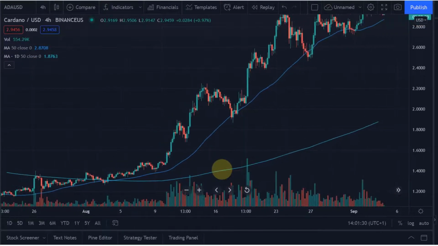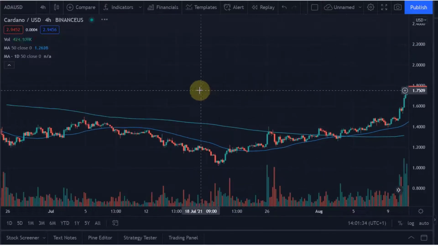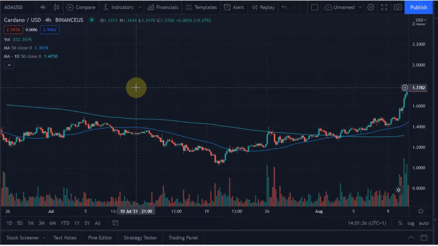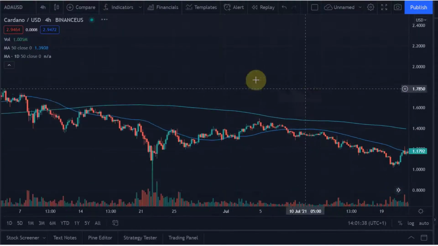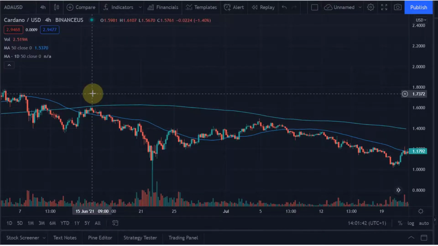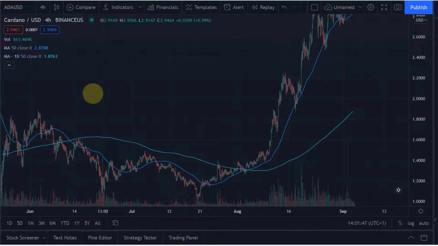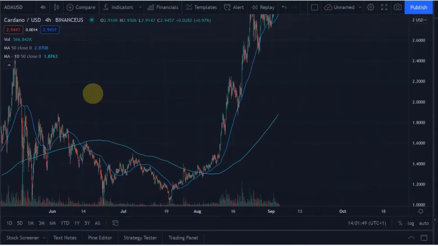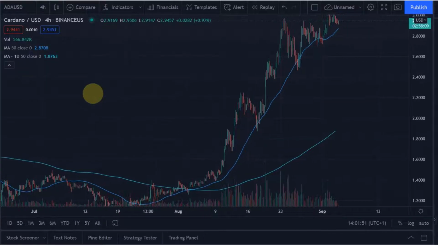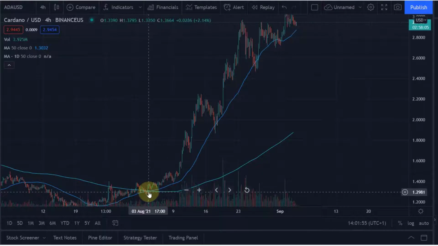You can then use the 50-day from the daily to understand if we are, from a longer term point of view, in an up or a downtrend. And then you've got the 50-day moving average to help you with making trading decisions. For example, what we can see here very nicely is from here where we had this crossover on the 4th of August.